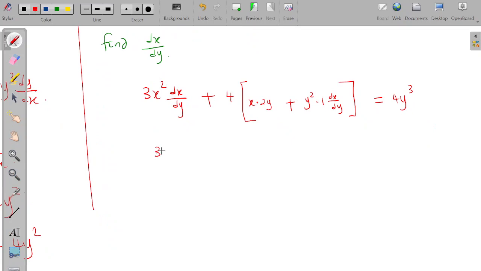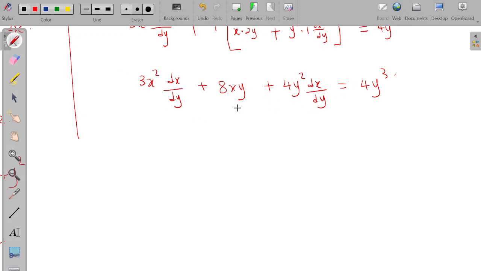Now I open up: 3x squared dx over dy plus 8xy plus 4y squared dx over dy equals 4y cubed. Then I bring the terms that have dx over dy together: 3x squared dx over dy plus 4y squared dx over dy equals 4y cubed minus 8xy.